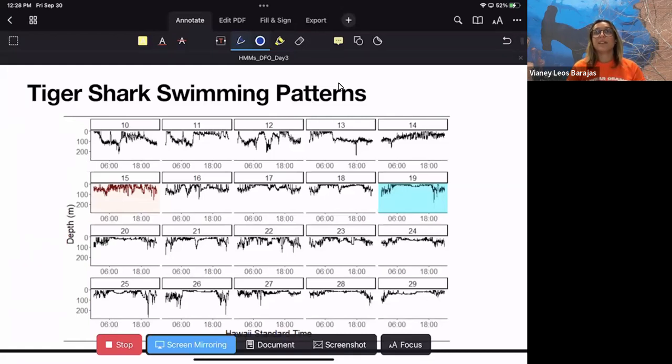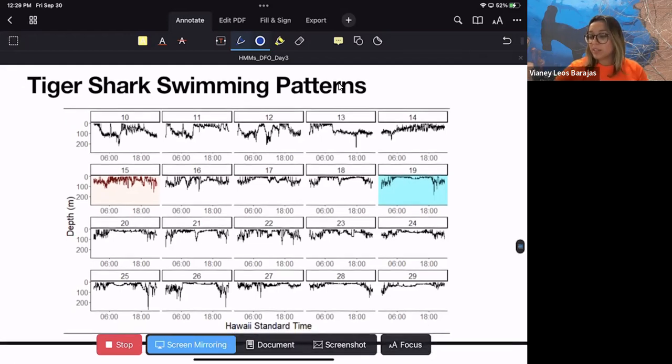But as I thought more about the sharks, I wondered, do they need to be consistently following the same pattern every day? And when I look at the data, I notice that they generally don't. They may not just have one type of daily pattern.